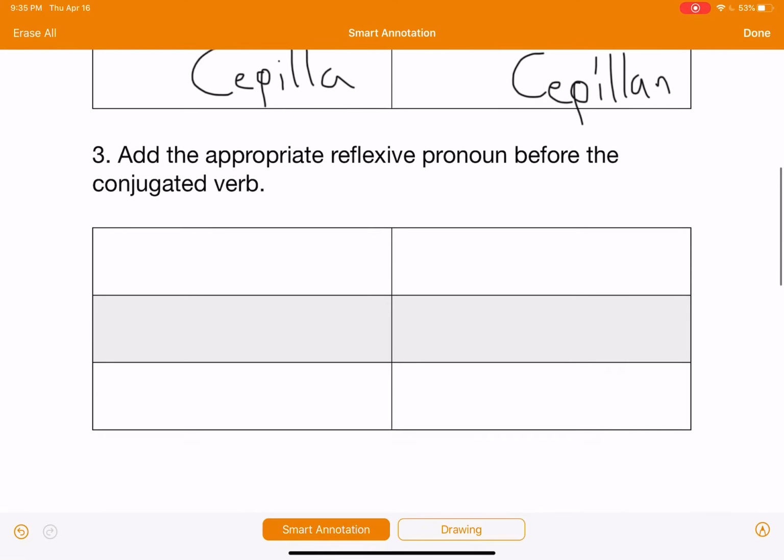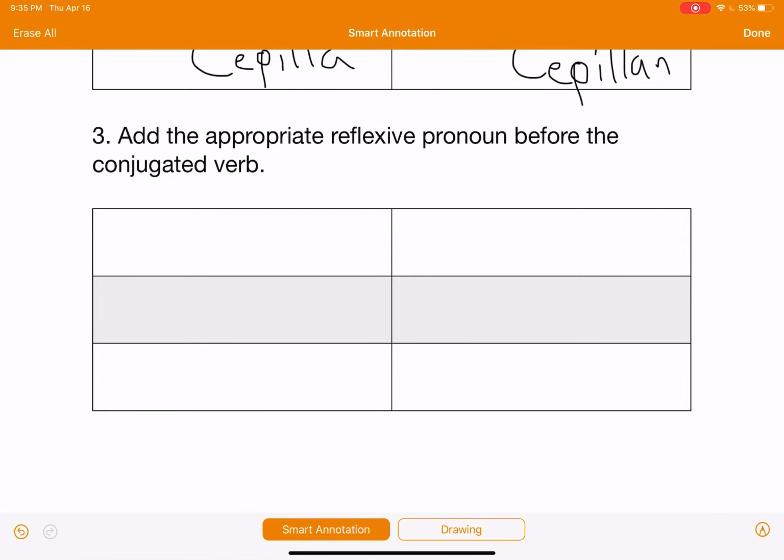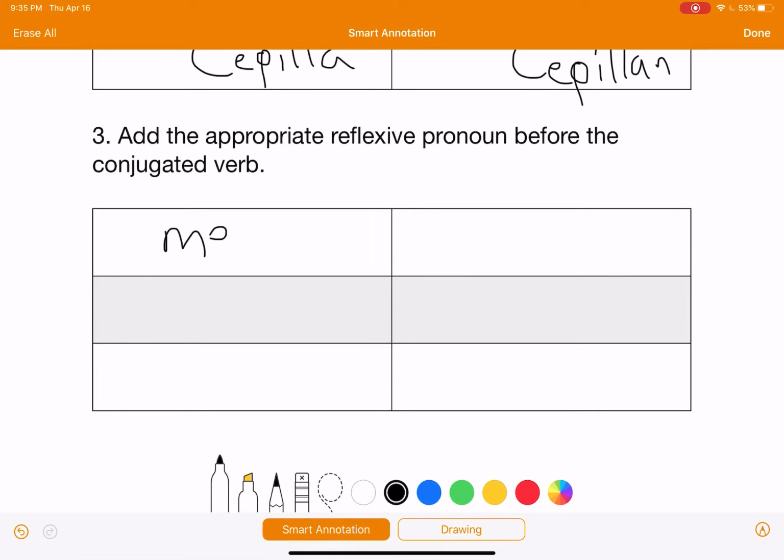Step 3: add the appropriate reflexive pronoun before the conjugated verb. First we need to know what our reflexive pronouns are. If you're talking about yo, you're going to use me. For tú, use te.